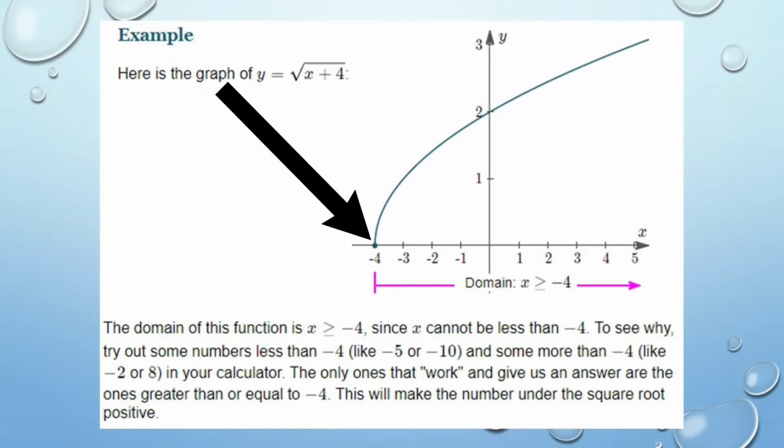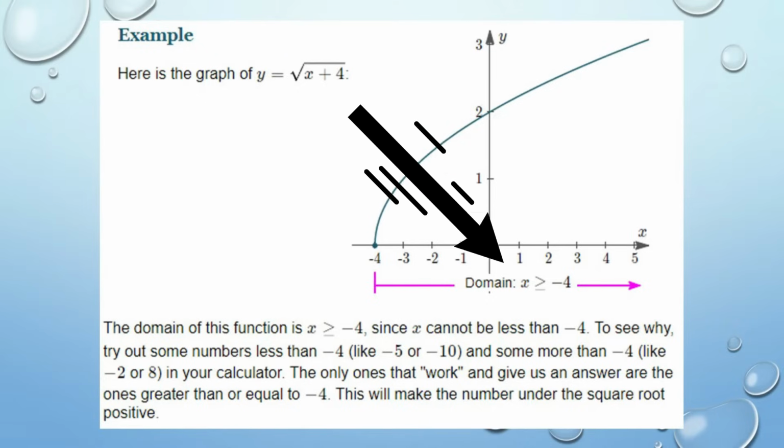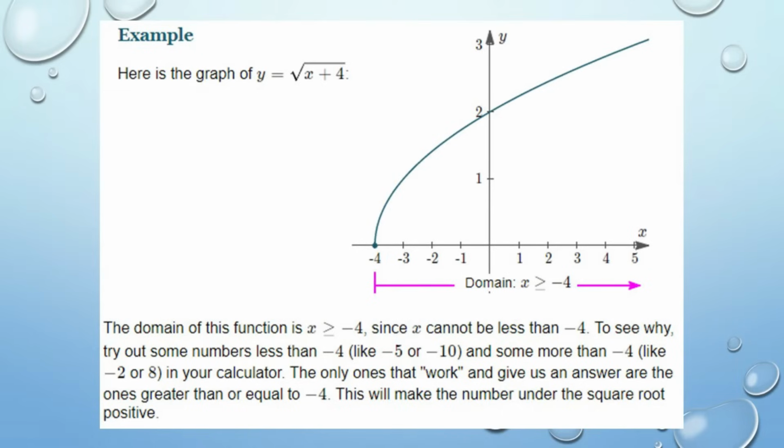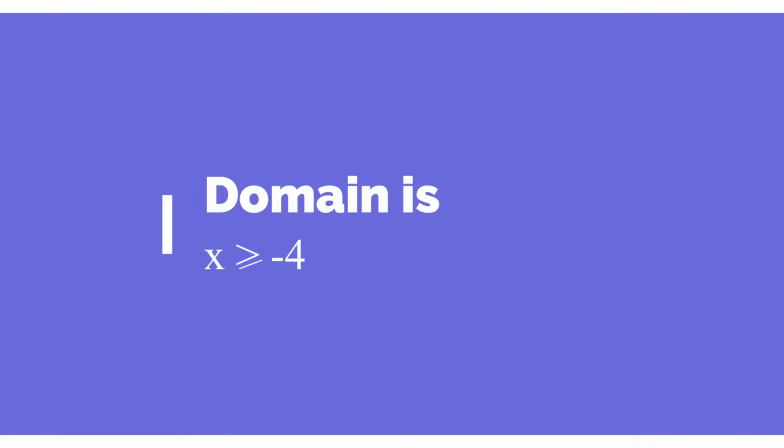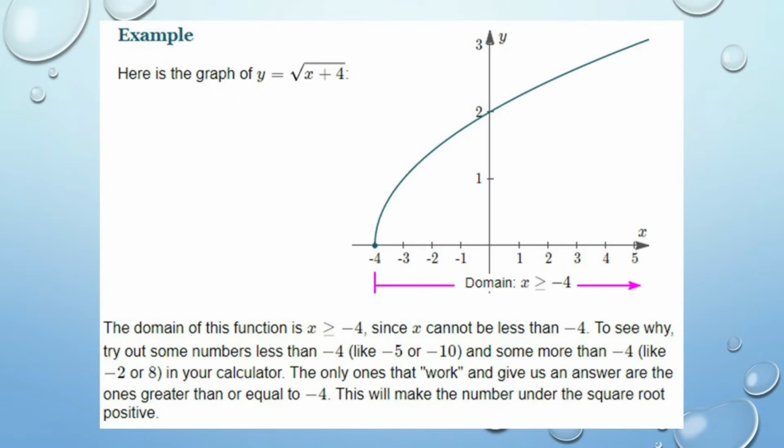If you substitute anything less than minus 4, the answer will be a square root of a negative number, which is not real. Therefore, x can take values greater than or equal to minus 4. So the domain is x is greater than or equal to minus 4.